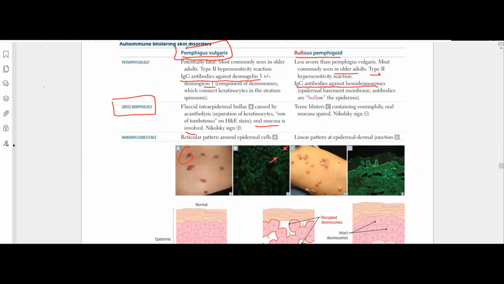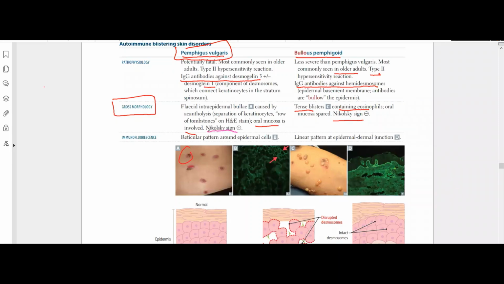In bullous pemphigoid, there are tense blisters containing eosinophils, and the oral mucosa is spared. Nikolsky sign is absent in bullous pemphigoid, while in Pemphigus vulgaris it is present.